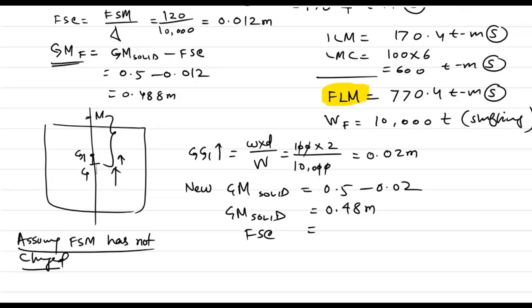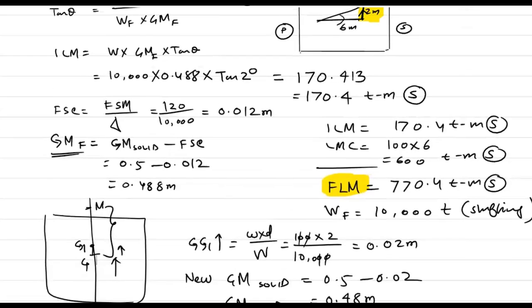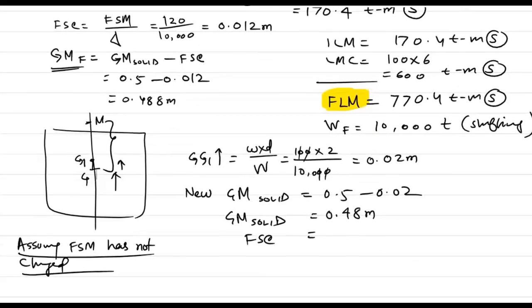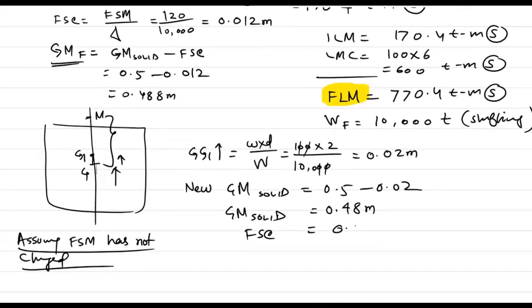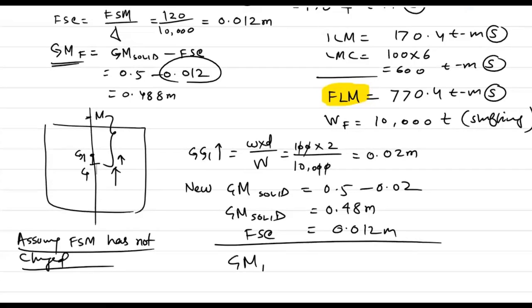We need to write this assumption. The FSC was 0.012. So how much is the GM fluid? The GM fluid is GM solid minus FSC. It's around 0.46.